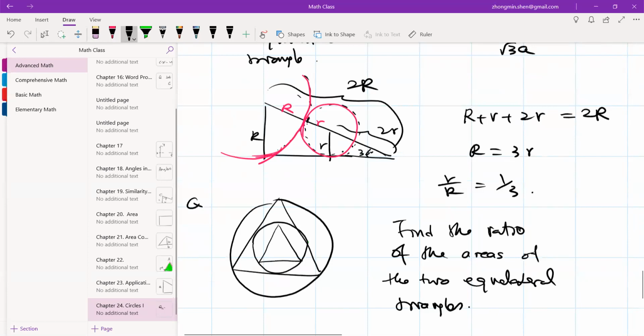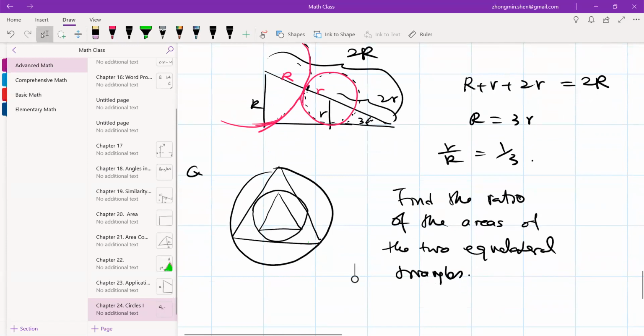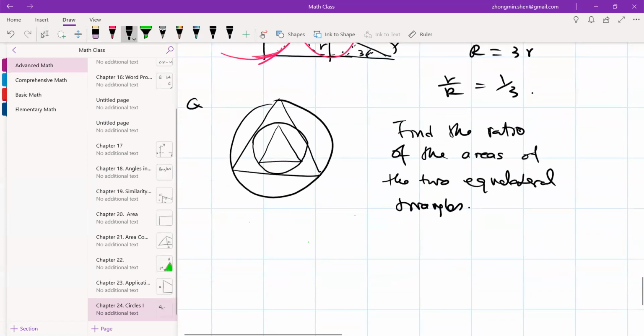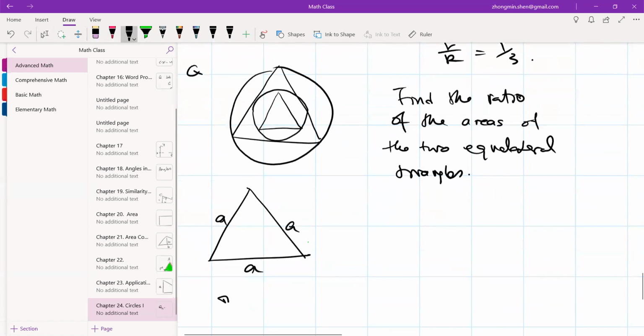Okay. You draw the larger circle, and then you put an equilateral triangle inside. Then you draw another circle. Then you have another smaller equilateral triangle. So it decays, right? So you want to find the relationship between those two equilateral triangles. Now, I should tell you that if the side of the equilateral triangle is A, the area is going to be square root of 3 over 4 times A squared.